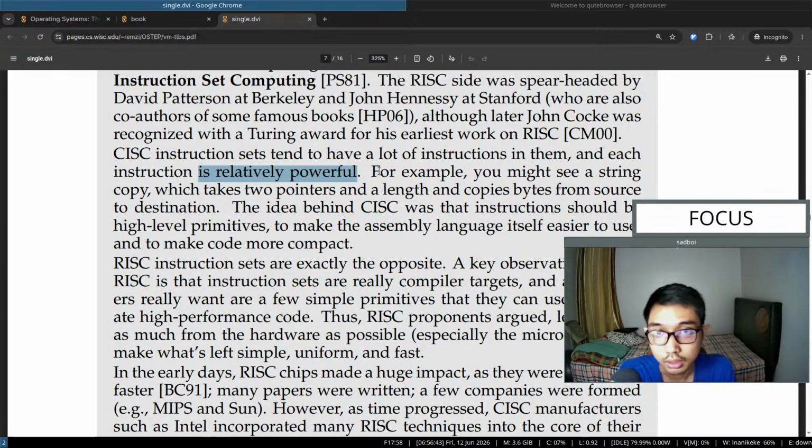For example, you may see a string copy, which takes a pointer and a length and copies bytes from source to destination.